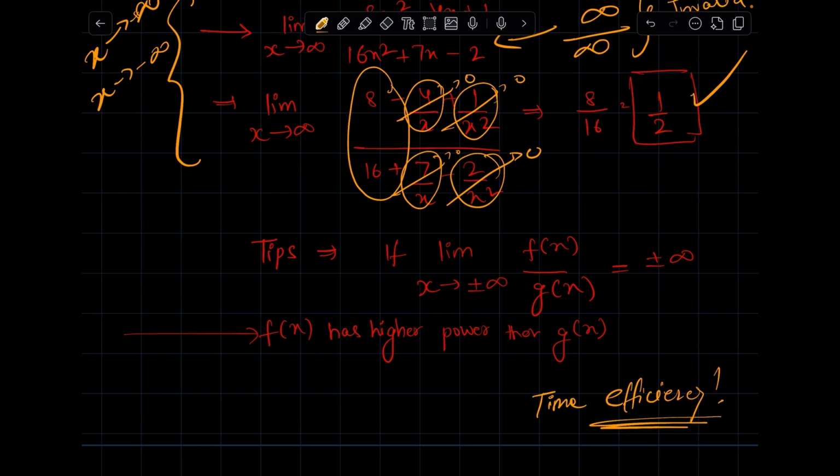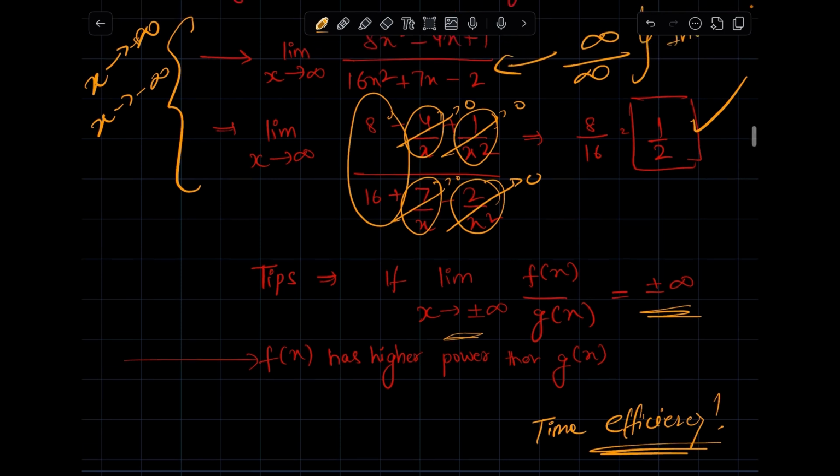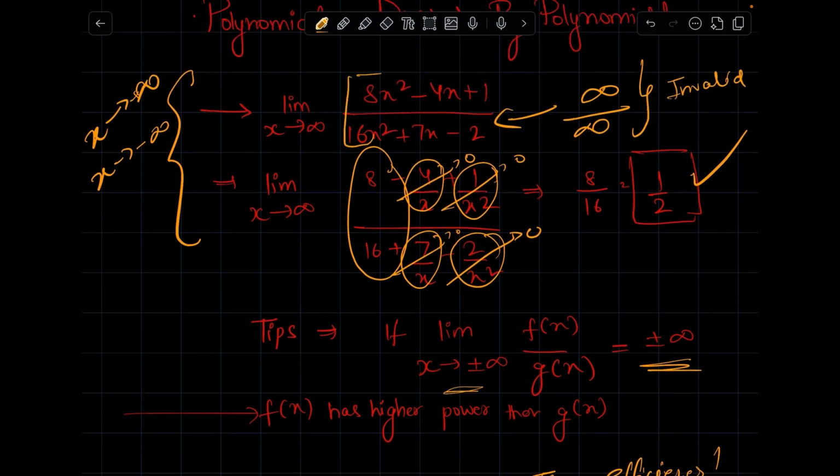If f of x has a higher power than g of x, then you would instantly get plus or minus infinity, depending on whether x is tending to plus or minus infinity. If g of x has a higher power than f of x, then you would get something like 1 upon infinity, which is 0. And if they are equal, then you would simply get the ratio of the coefficients of the highest power.